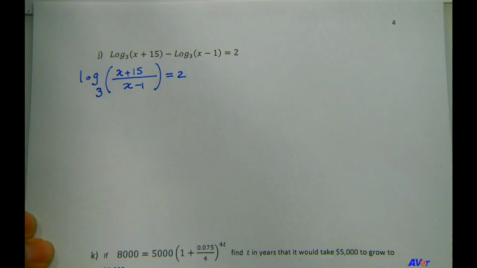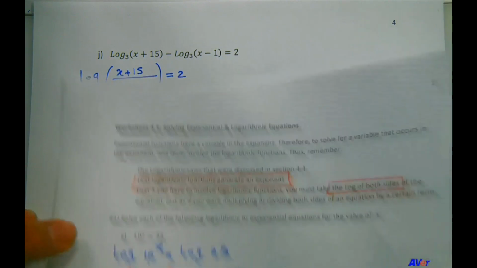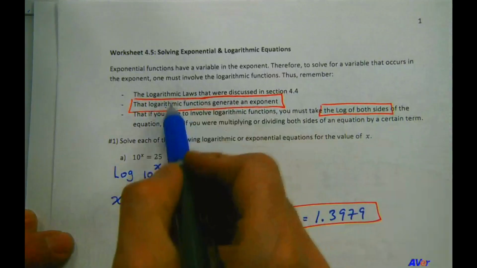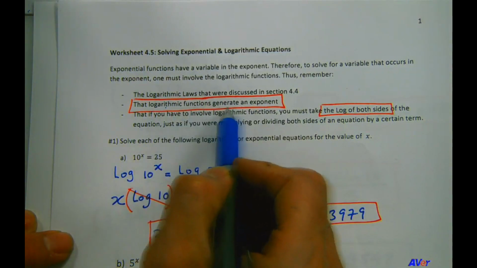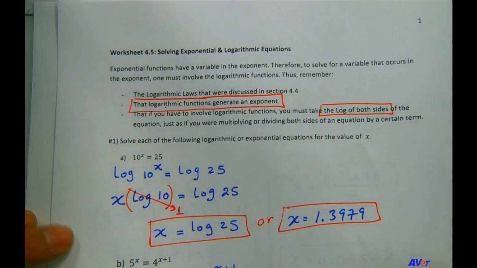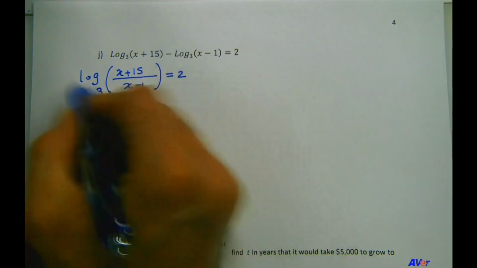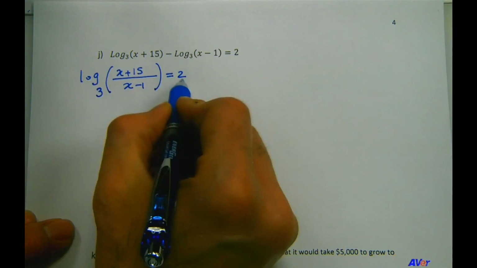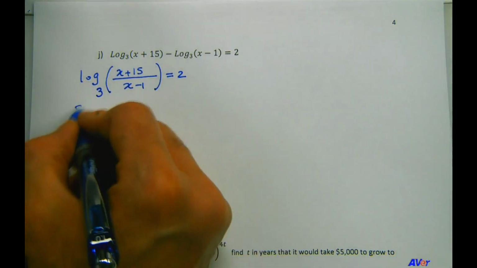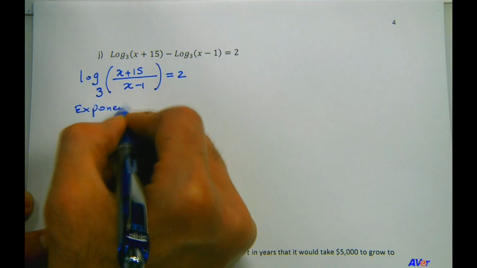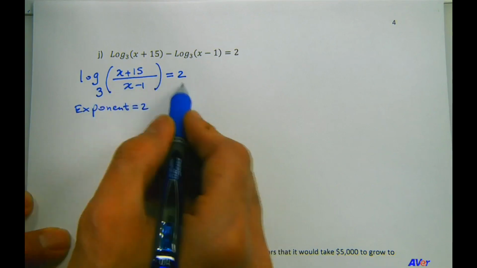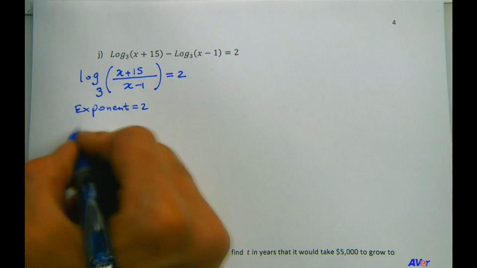So, what do we know about this? Let me bring this back, since I don't want you guys to forget it. Really, it's a very important statement. Logarithmic and natural logarithmic functions generate an exponent. I've asked you many times to please remember that. So this log generates an exponent. So this 2 is an exponent. To what base? The base of the log function.